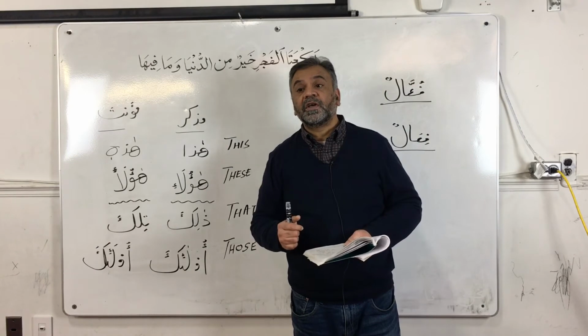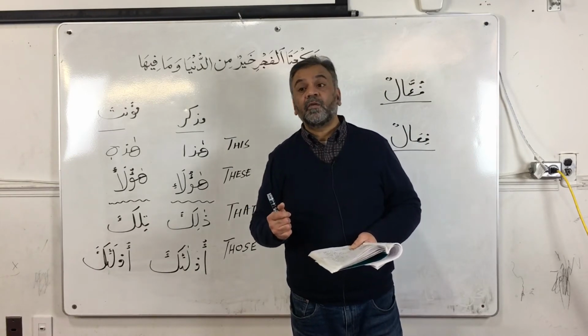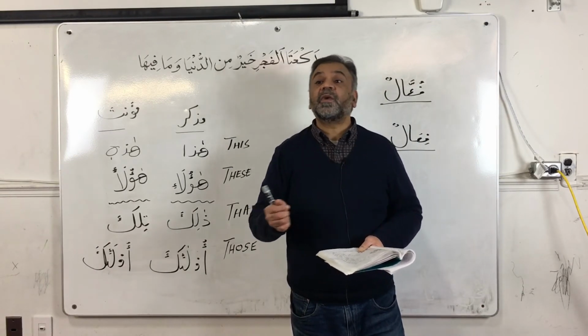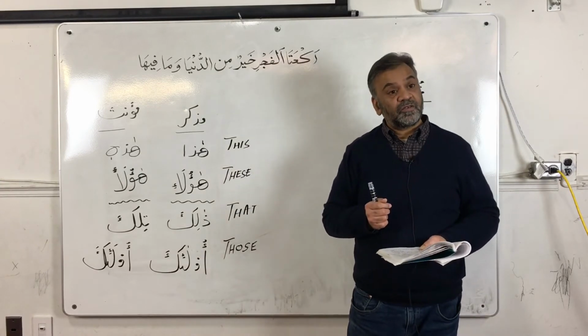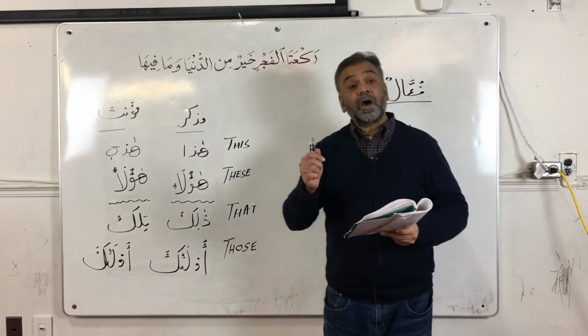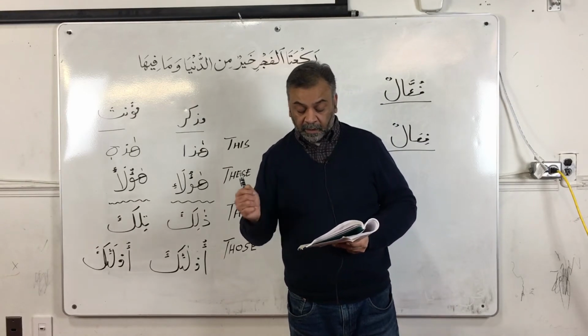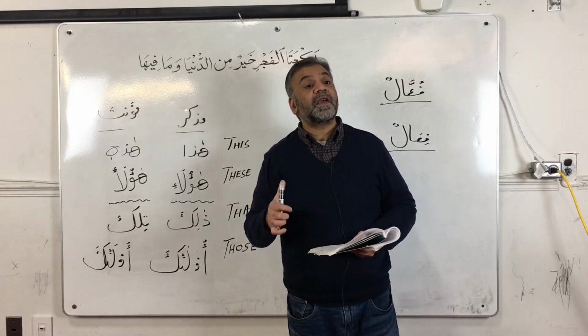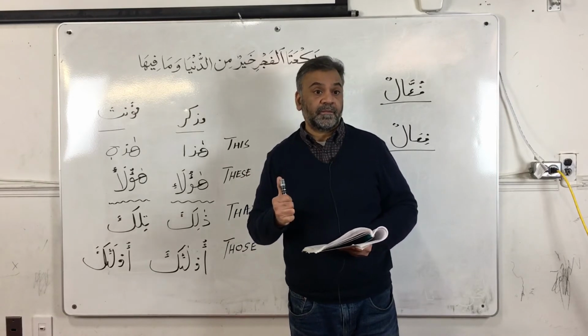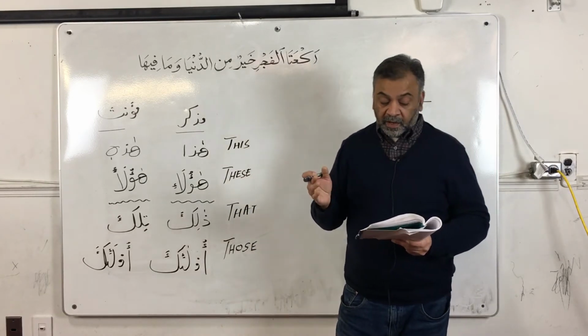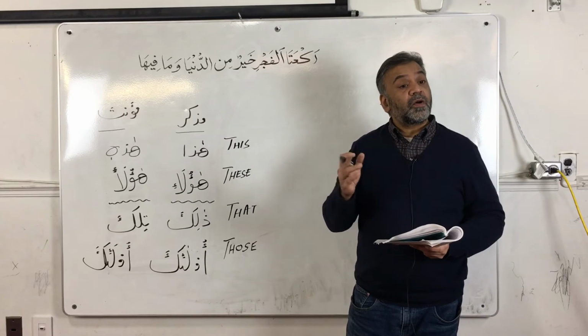Masma'uhum, ismun, name. What is the plural of ismun? Asma'u, names, right. So, masma'uhum, what are their names? Ma is coming as interrogative. Asma'uhum, two words, asma'u and hum.